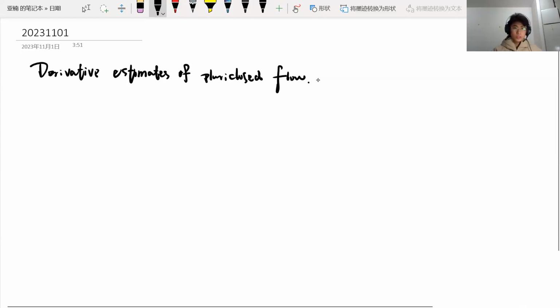And firstly, let's review some basic notions of the Floricos. It is a parabolic flow of Hermitian matrix introduced by Streets and Tian.